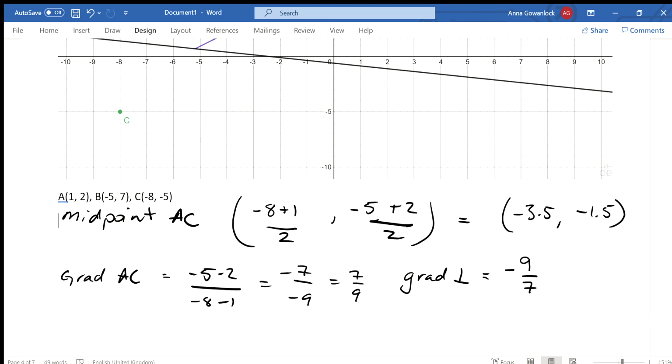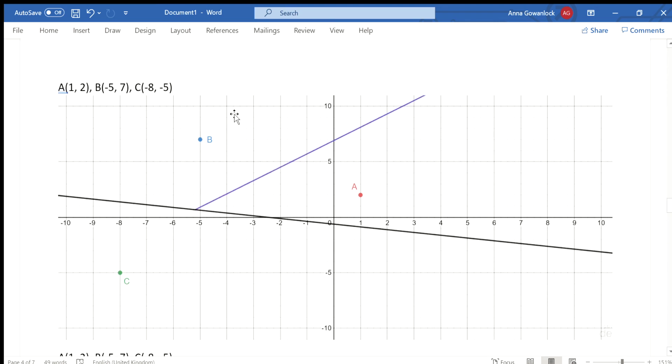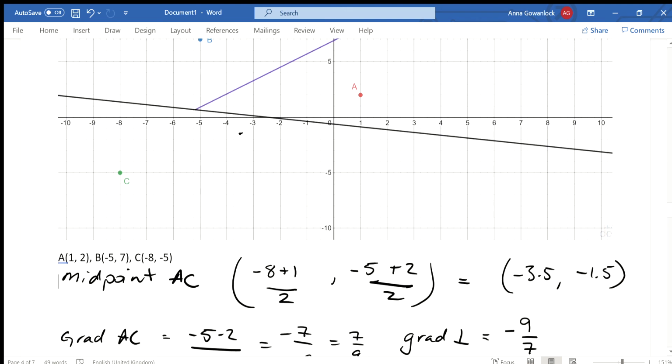It's getting harder. So -3.5 minus 1.5. So -3.5 minus 1.5 is going to be here. And our gradient is -9/7, so it's a negative gradient.